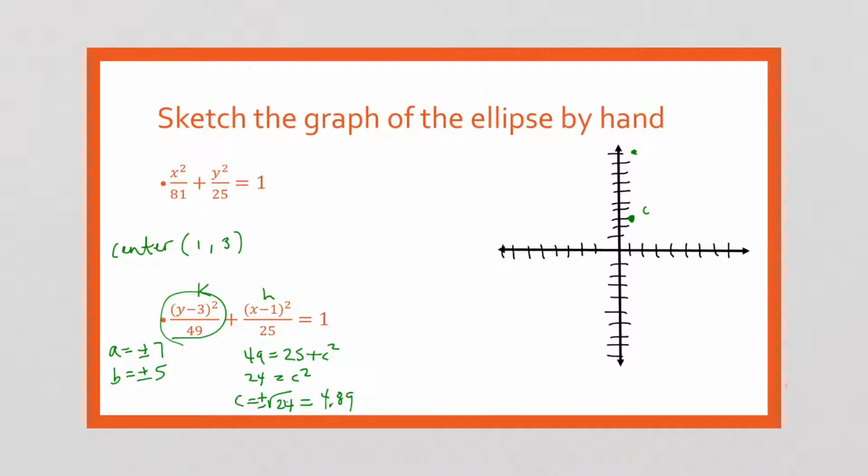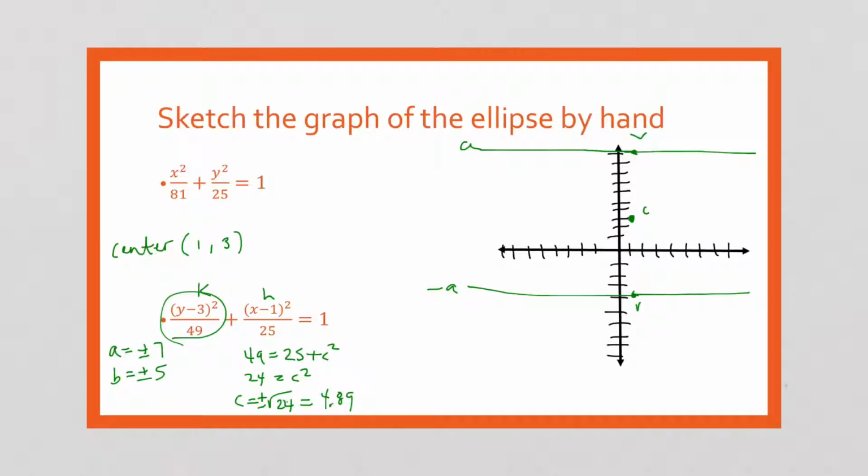So here is one of my vertices, and this is my A. I go down 7. This is my other vertex, and this is my negative A.